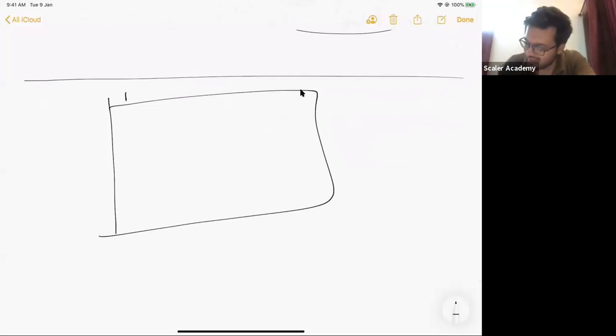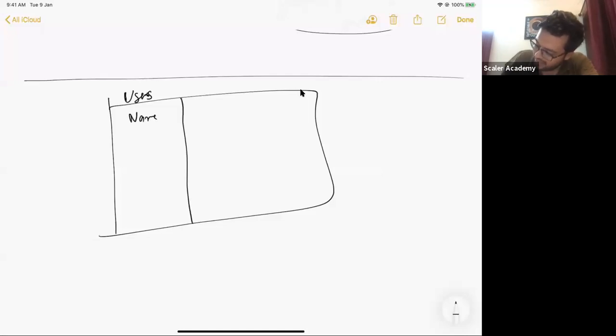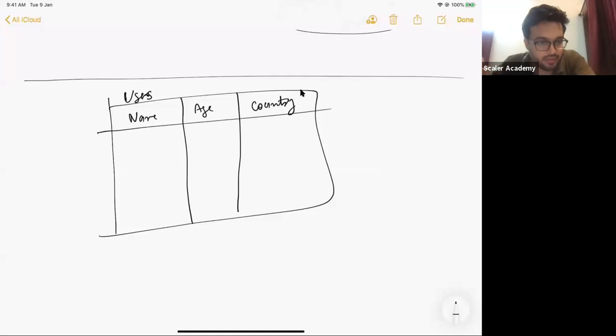Let's take an example: I have a database of users. Okay, and the users are this way. So let's say users का सबसे पहले table में होगा name, फिर the table will have age, and then the table will have country. Does that make sense to everybody?